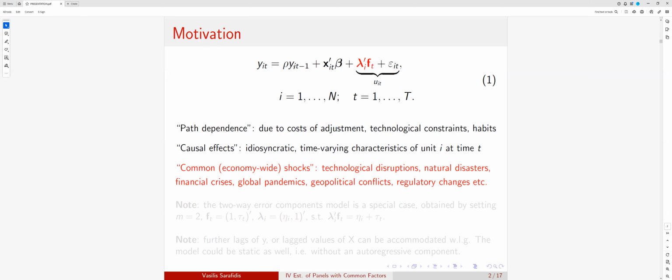In this case, x contains observed risk determinants such as bank size, asset liquidity, profitability, and so on. Thus, for instance, the coefficient beta corresponding to bank size reflects the extent to which larger banks take on average more risk than smaller ones. This is, by the way, the so-called too big to fail hypothesis.